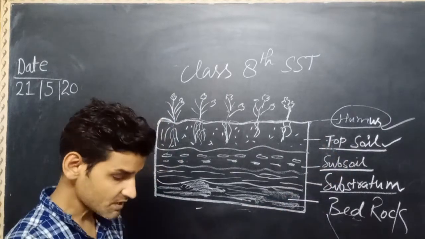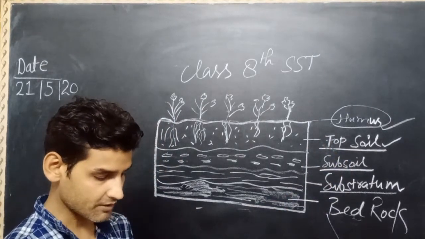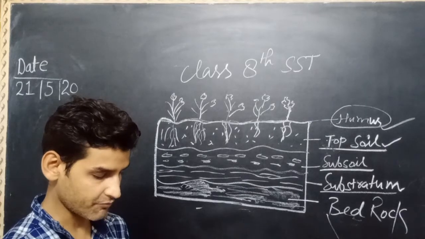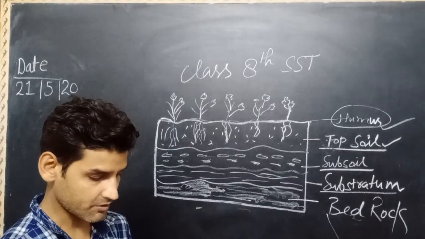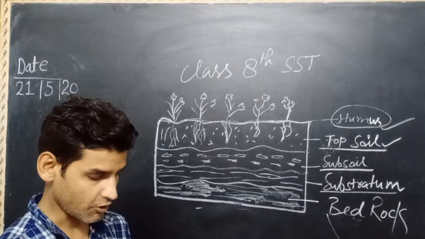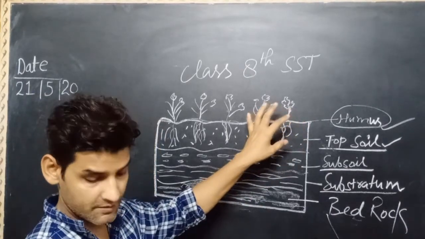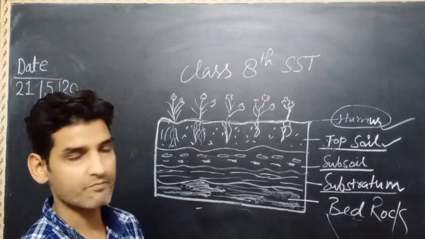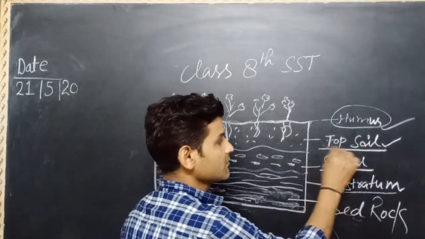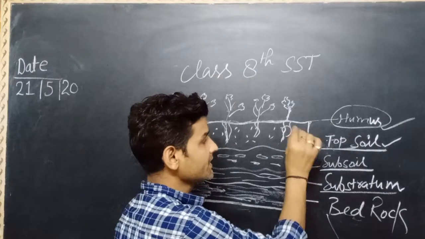The very fine particles of rocks such as clay, silt, and sand form the upper layer of the soil, called the topsoil. Topsoil is the combination of clay, silt, and sand.